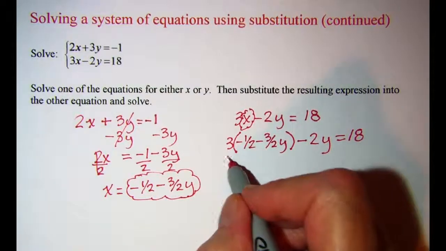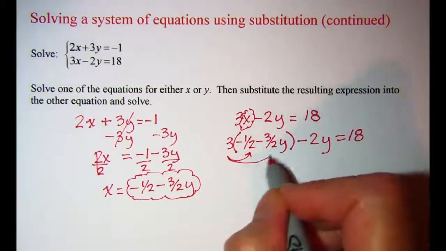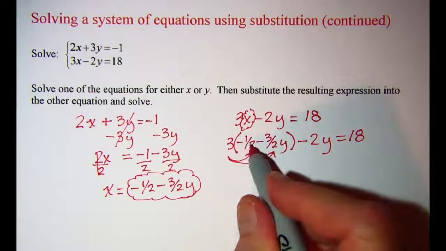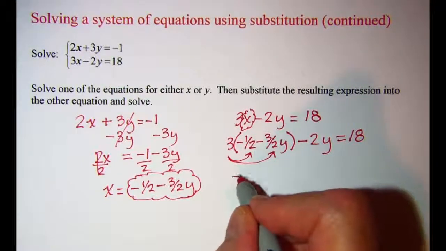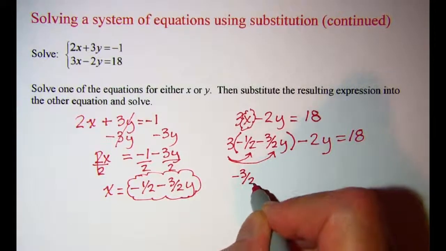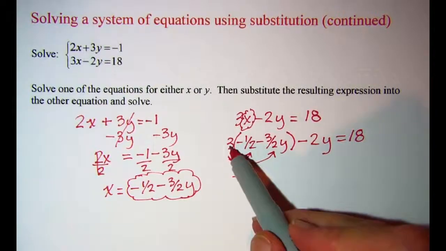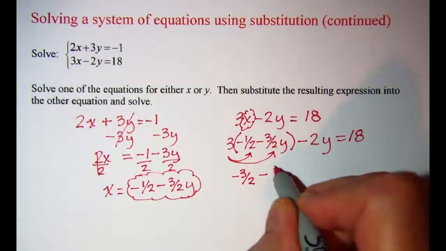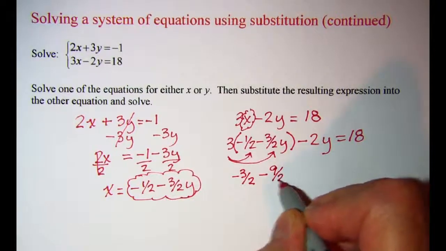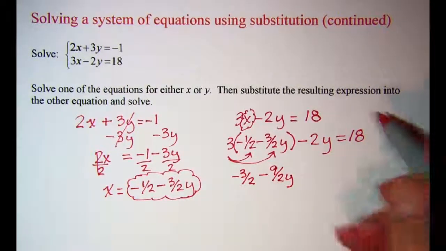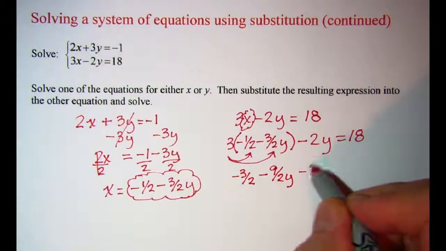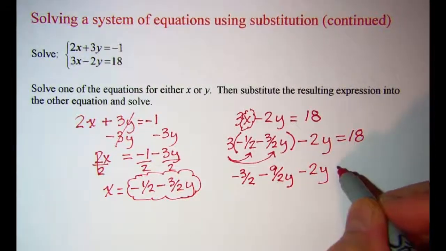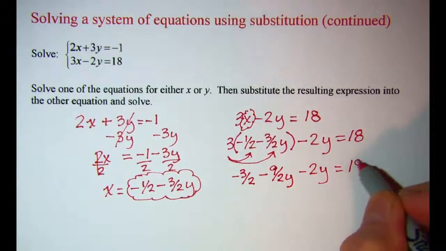And let's distribute our 3. 3 times -1/2 is -3/2. 3 times -3/2 y is -9/2 y. And then copy the rest of my equation.